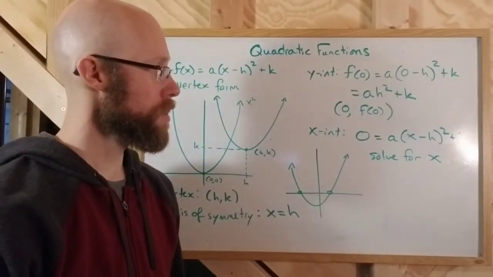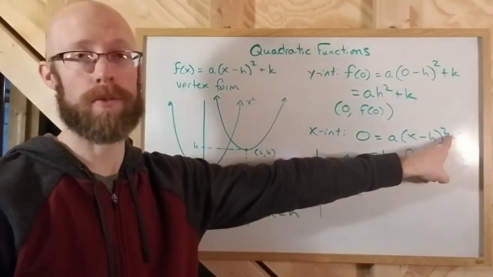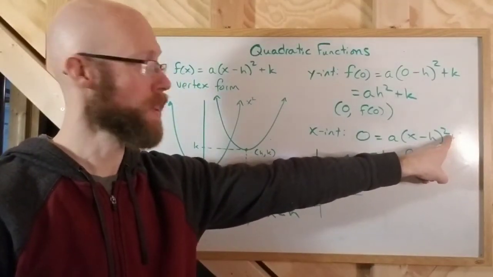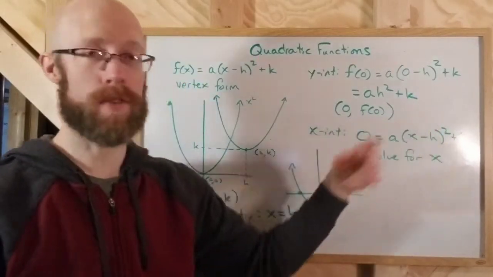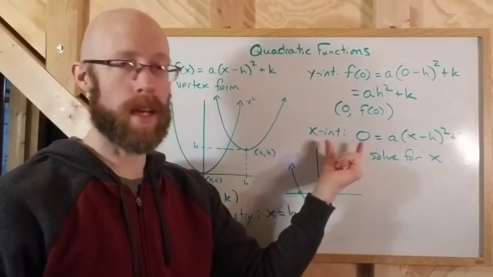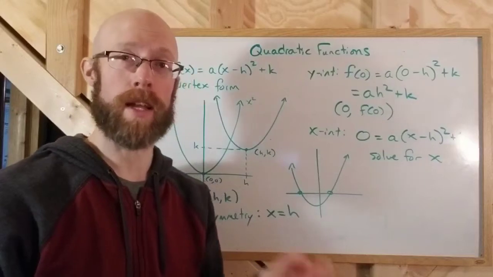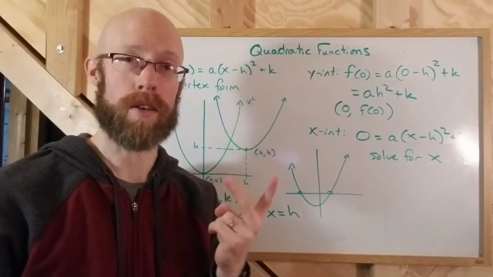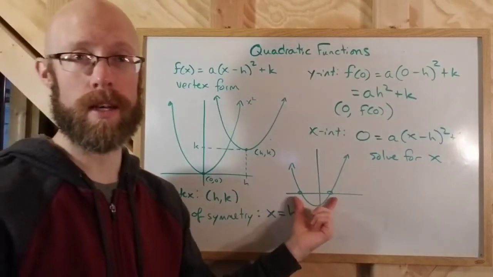However, there are times where you're going to have to take a square root at some point to get rid of the square. After you subtract the k and divide by a, then you have to take the square root. If the number on the other side is positive, then you can take the square root and be just fine. And you'll end up with two values, a positive and a negative. Okay, and that's where you get a situation like this.